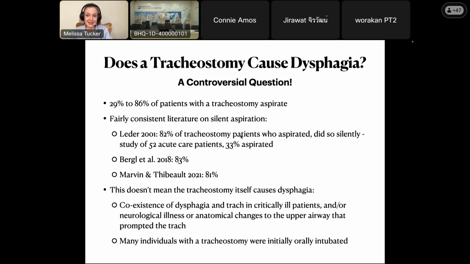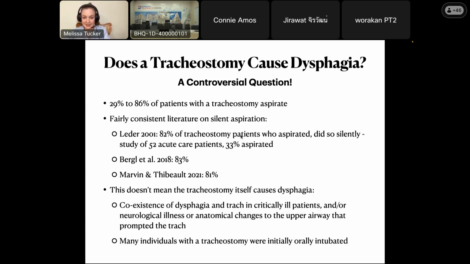So the late Steve Leader, who did a lot of research on tracheostomy and dysphagia, found that in a group of acute care patients, about a third of them aspirated. And of the ones who did aspirate, 82% of those aspirated silently. This number has almost been replicated in other studies. So Bergel and colleagues in 2018 found that 83% of the tracheostomy patients in their cohort who aspirated did so silently.